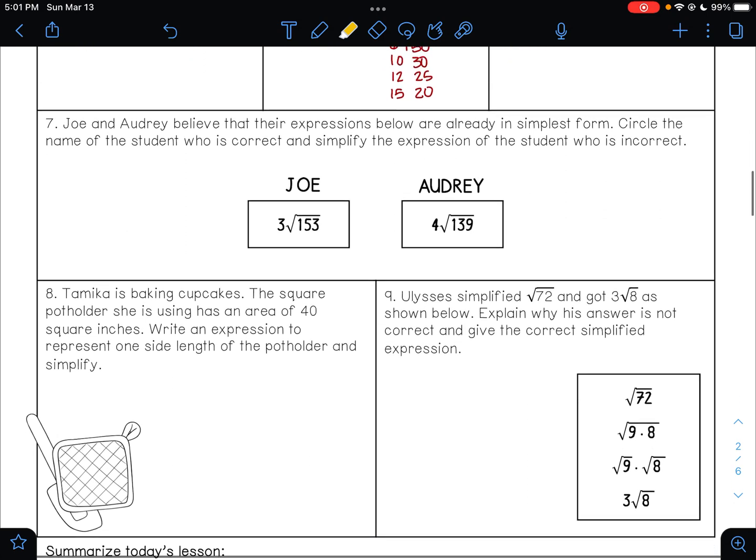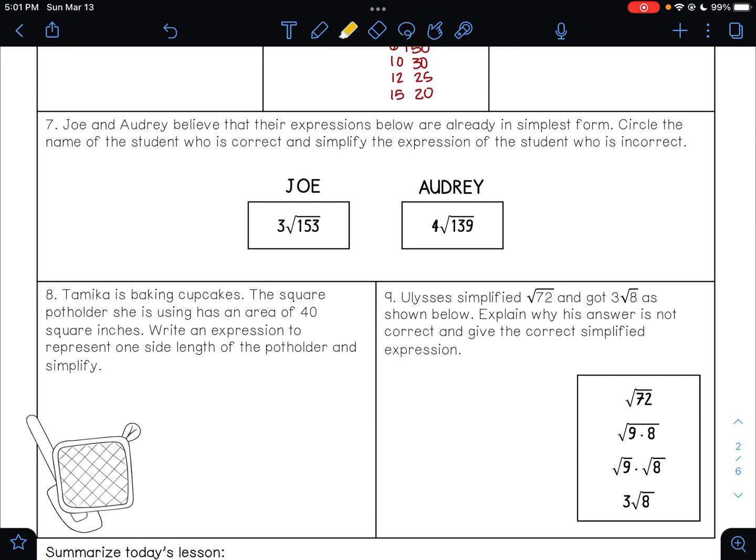So we have 3 more examples that we're going to go through, and then you can summarize what you learned today. Joe and Audrey believe that their expressions below are already in simplest form. Circle the name of the student who is correct and simplify the expression of the other student who is incorrect.